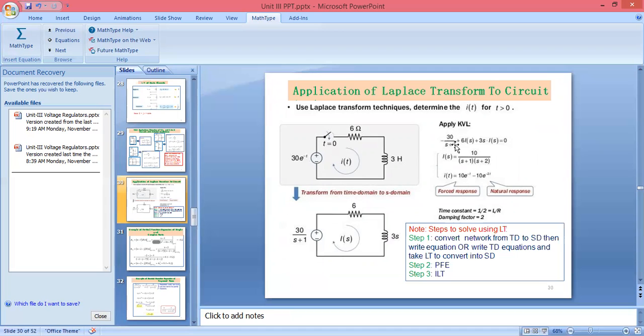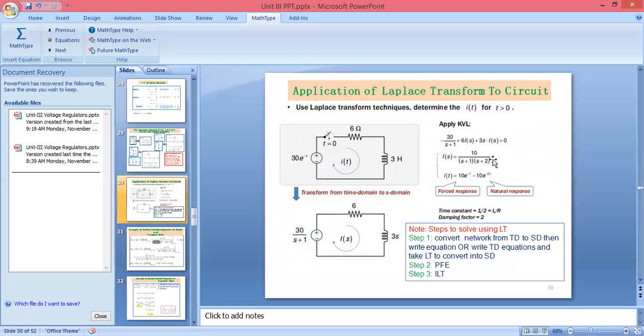So 30 stays as it is, and here the value of minus a is minus 1, so what will become 1 upon s plus a, that is 1 upon s plus 1. So I can write here 30 upon s plus 1. If you solve these equations by doing the cross multiplication, you will get I(s) equal to 10 upon (s plus 1)(s plus 2).